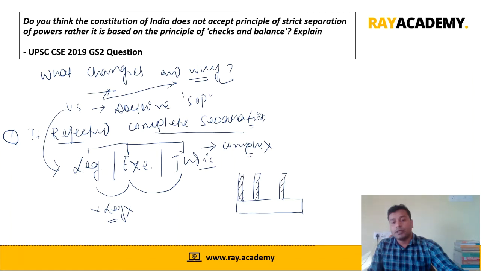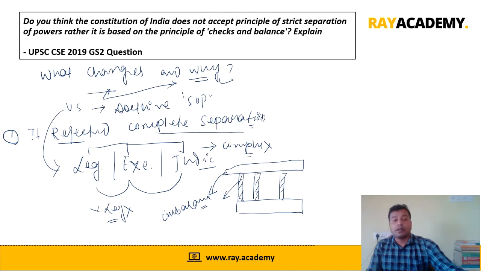So what will happen if one pillar breaks down? Then definitely it is expected to fall or become imbalanced.